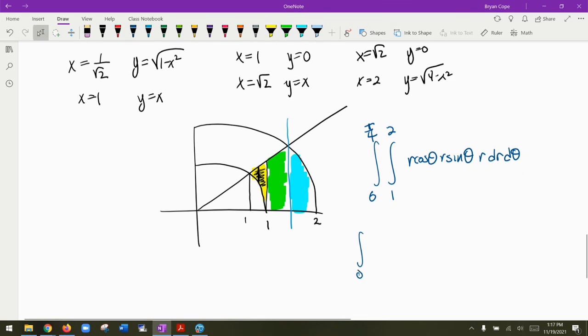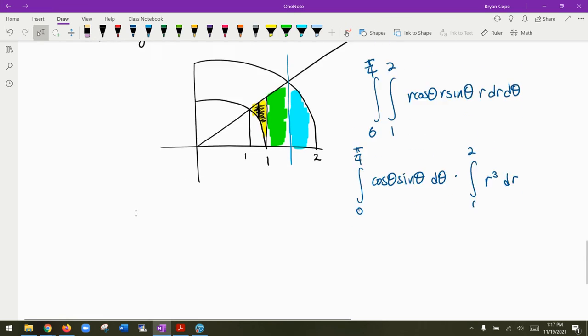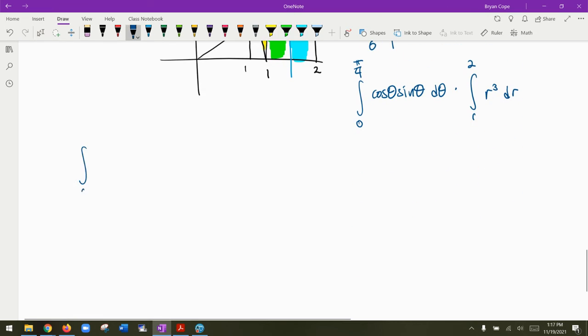Okay, it's the integral from 0 to pi over 4 of cosine theta sine theta d theta, times the integral from 1 to 2 of r cubed dr. Let's write the first integral as 1/2 sine 2 theta d theta. And then we can start evaluating the second integral.